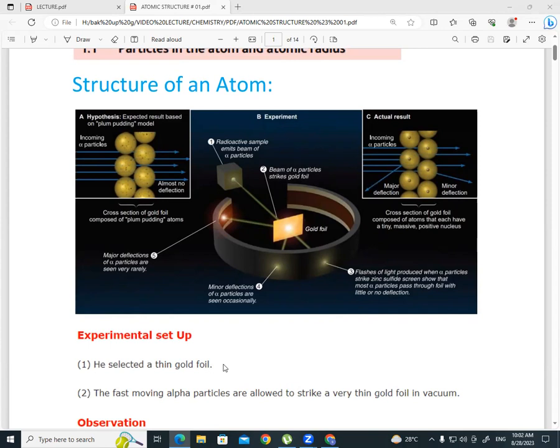Second one is fast moving alpha particles, and let me explain what alpha particles are. Alpha particles are actually helium nuclei. When we draw the structure of helium, it has only one orbit, and in the nucleus there are two protons and two neutrons, and the electrons are rotating around the nucleus.